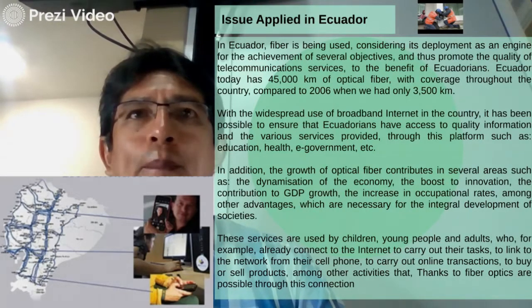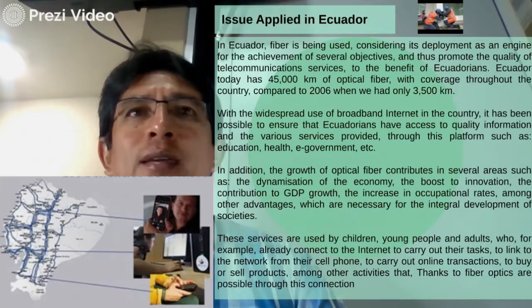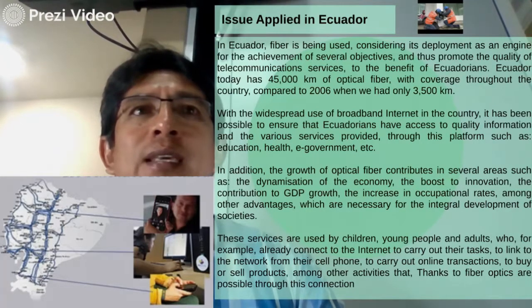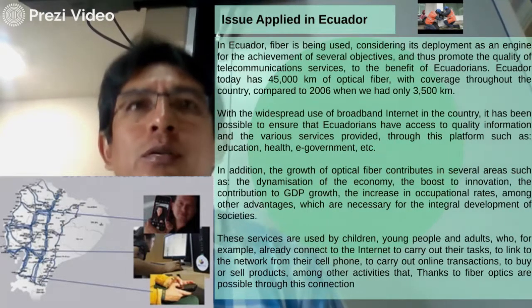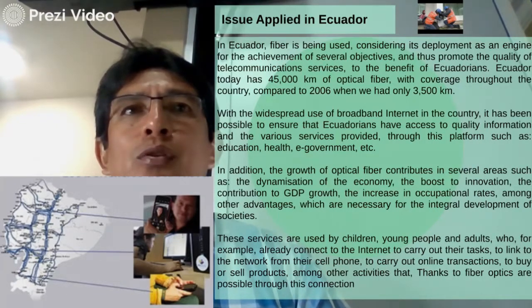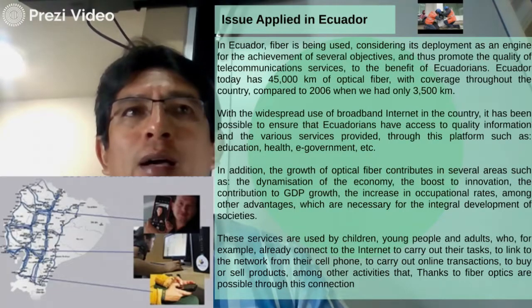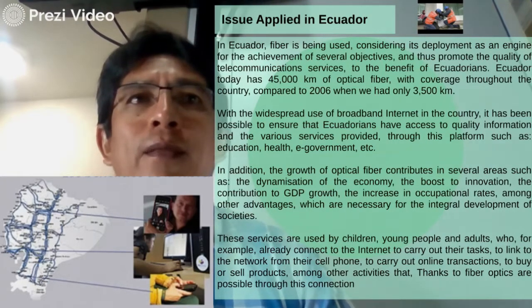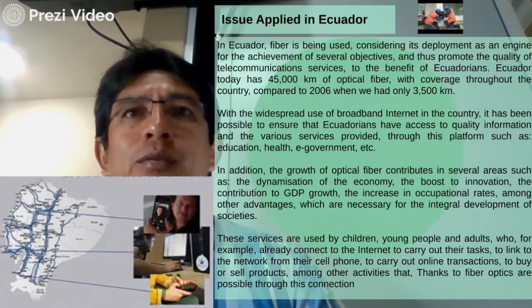Ecuador today has 45,000 kilometers of optical fiber which cover the country, compared to 2006 when we were handling 3,500 kilometers.